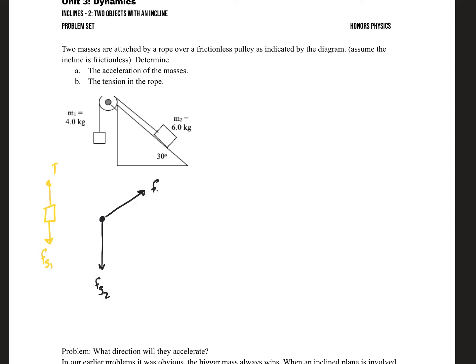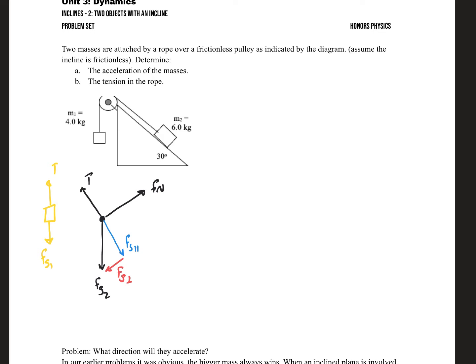Normal force is perpendicular to the surface. Tension still goes up the ramp. The FG parallel is going to go down this way, and then the perpendicular piece will be down there at the bottom.